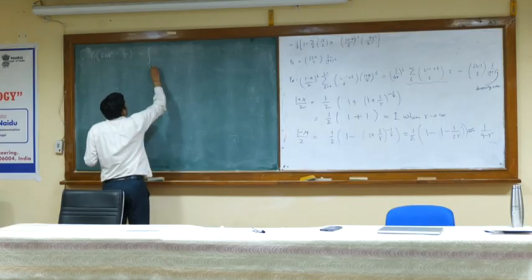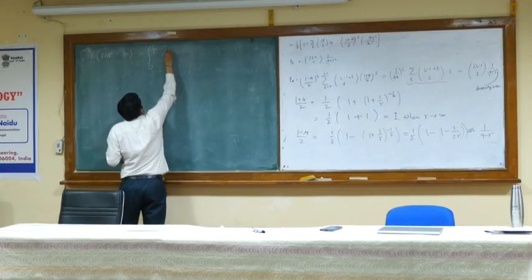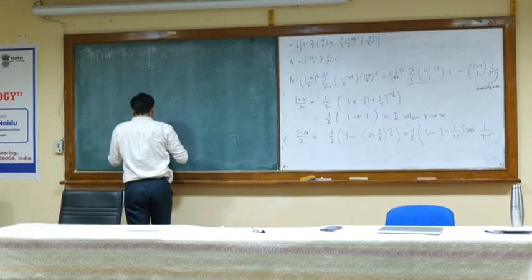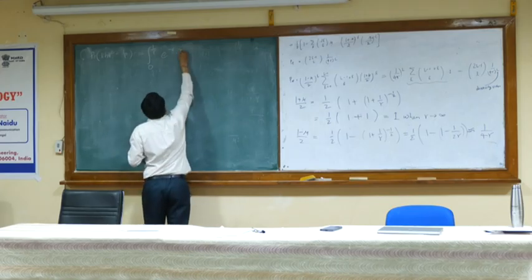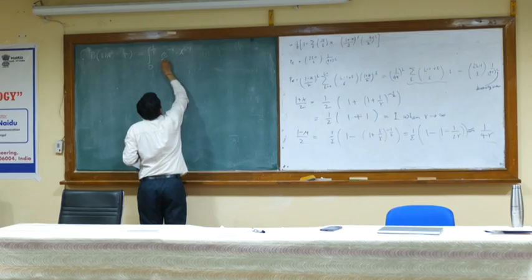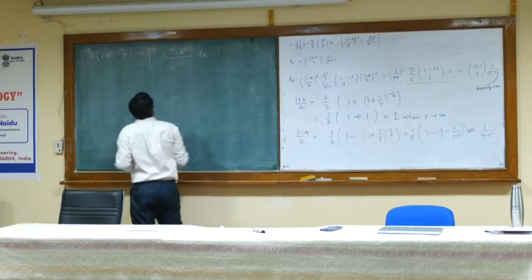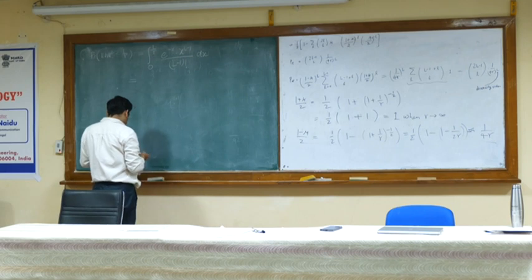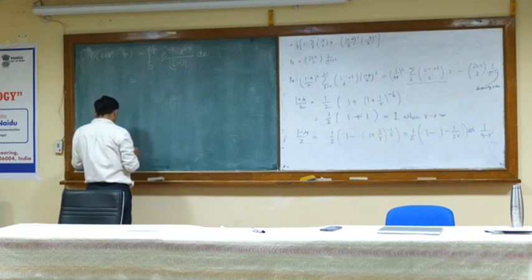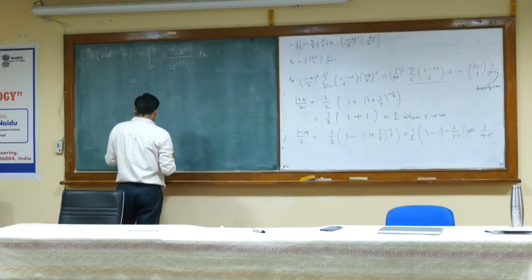So I have to use the similar chi-square approximation, chi-square distribution here. So e to the power minus x into x to the power L minus 1 divided by (L minus 1) factorial into dx. Okay. So what will I get here?